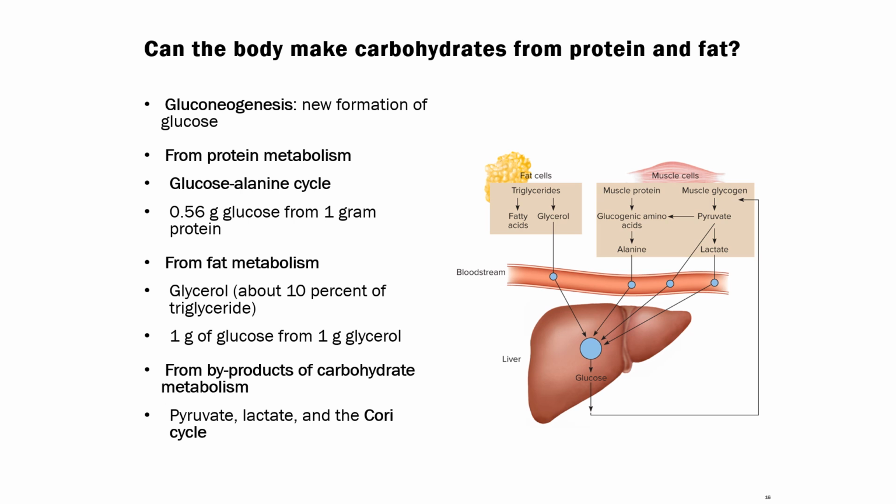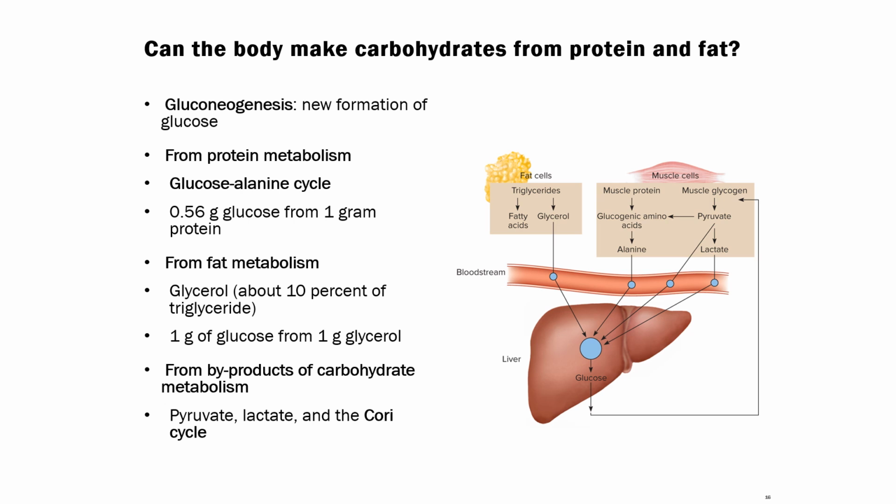Now, fat metabolism. Glycerol is a component of triglycerides, which accounts for approximately 10% of the triglyceride molecule by weight. And so glycerol can be converted into glucose through the gluconeogenesis pathway in the liver. Approximately 1 gram of glucose can be produced from 1 gram of glycerol.